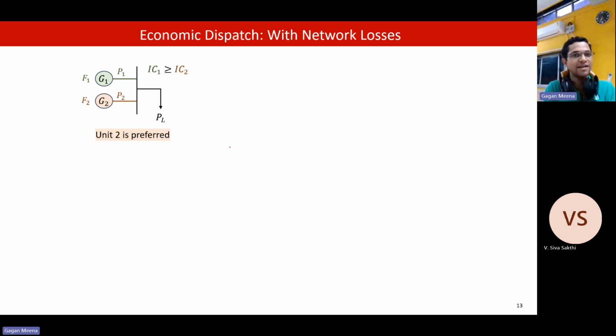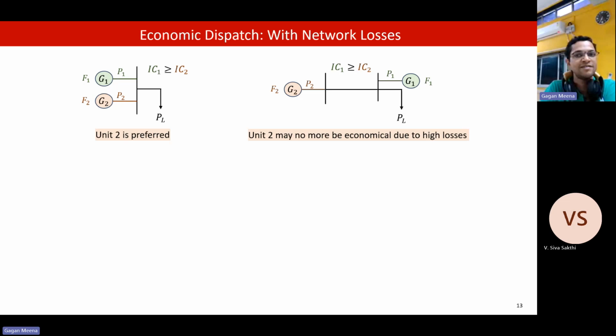But if they are separated by a transmission line, a little bit far away, and still the same condition holds that the incremental cost of 2 is lower, although 2 is cheaper, it may not be economical to send power to supply this load because it may be uneconomical due to the losses involved. If we ignore the network, then the output will be different.